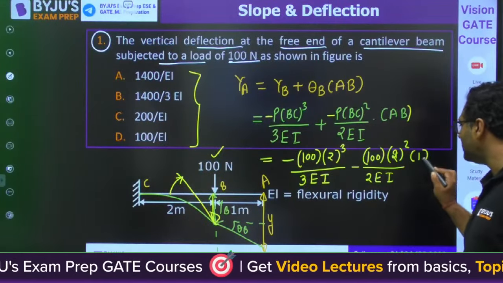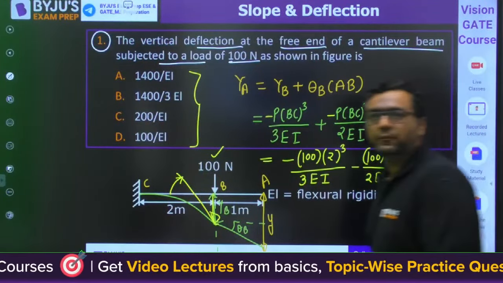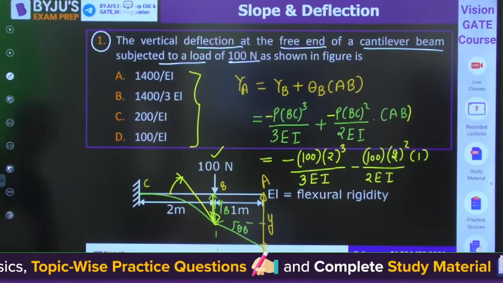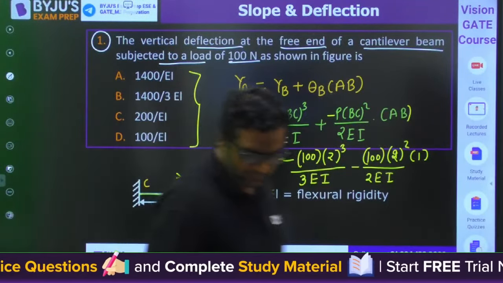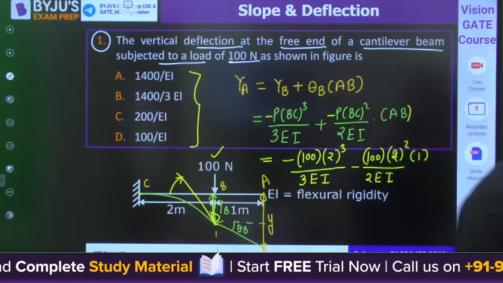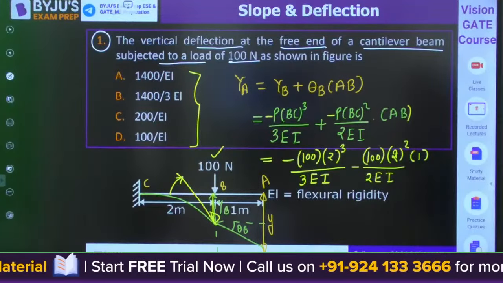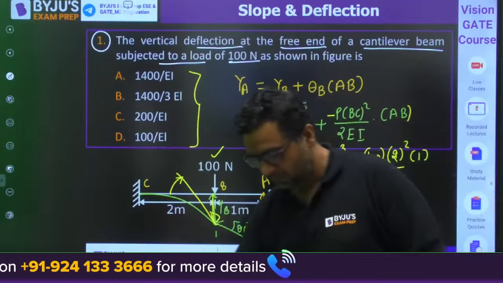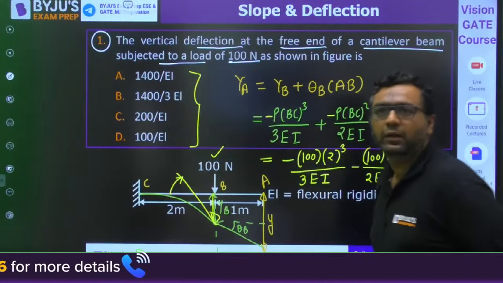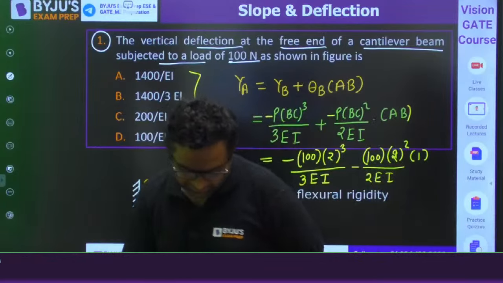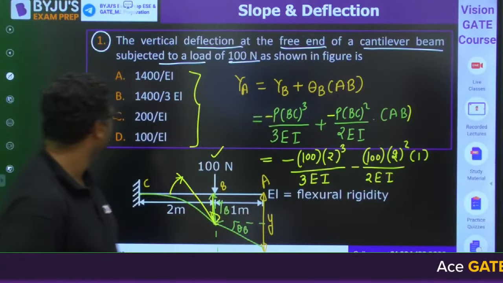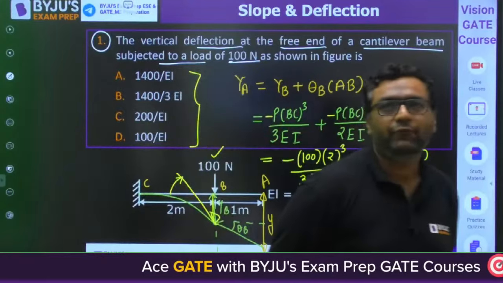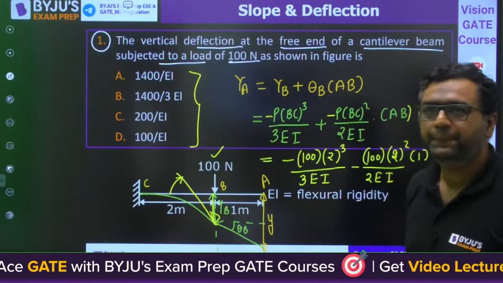Tell me what will be the answer. Anybody, please tell me. Aspirant. Malesh is saying the answer to be B. Vineet is also saying B.